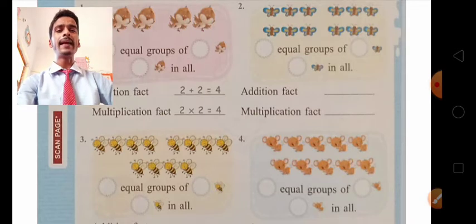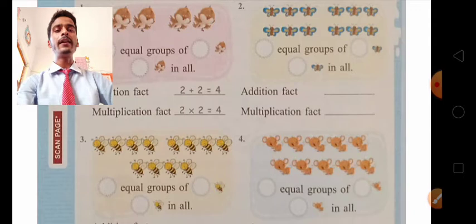So we can say that there are 3 equal groups of 4 bees. 3 equal groups means that there are the same number of bees in each group, and there are 4 bees in each group. And how many in all?